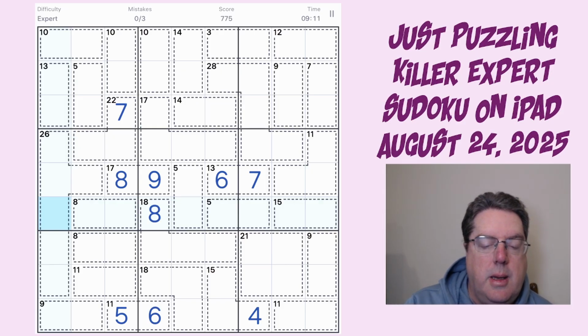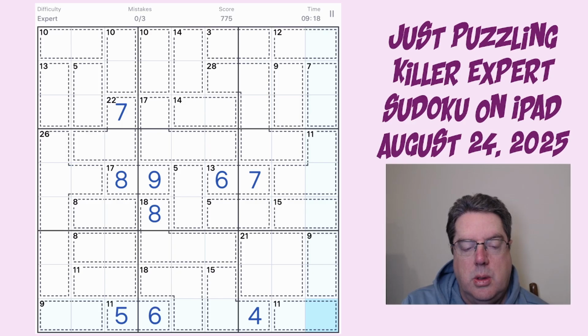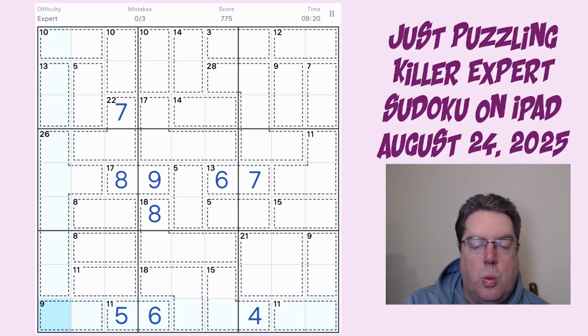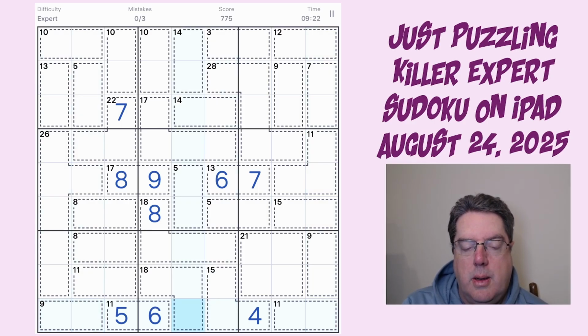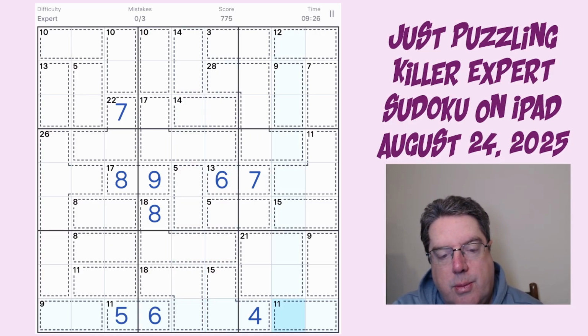So 10, so 4, this can be 3 or 8 or 9 or 2. 8 and 1, 9 and 1. Cannot be 3, so 3 and 7, 3 and 8.